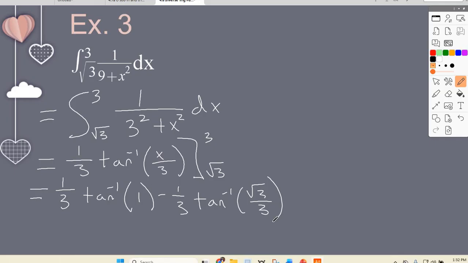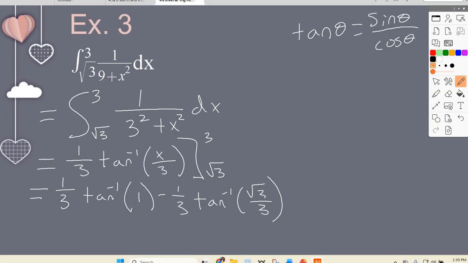Yes? But, as a side note, remember that tangent is equal to sine over cosine. Yes? So the only way that I could get 1 out, and this is the inverse, right? So we're going backwards.